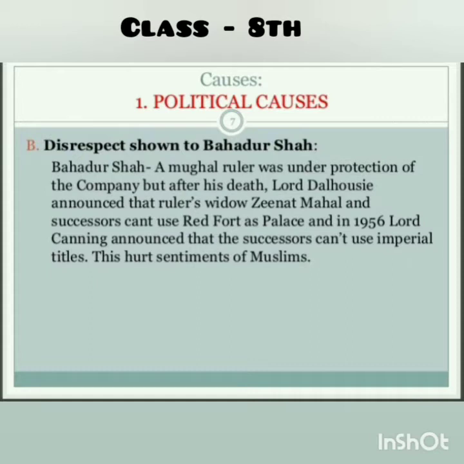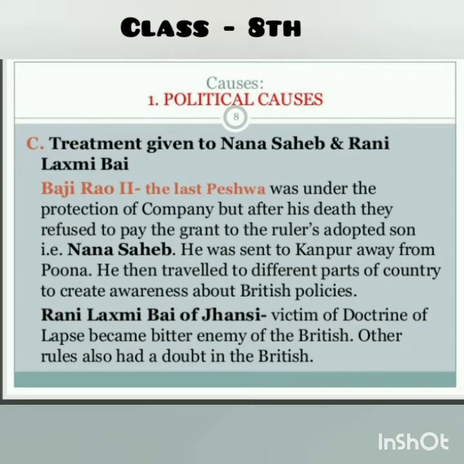Consequently, Zeenat Mahal, the wife of Bahadur Shah, began plotting against the British government because this decision of Lord Canning was really humiliating for Muslims. Third political cause: treatment given to Nana Sahib and Rani Lakshmi Bai.